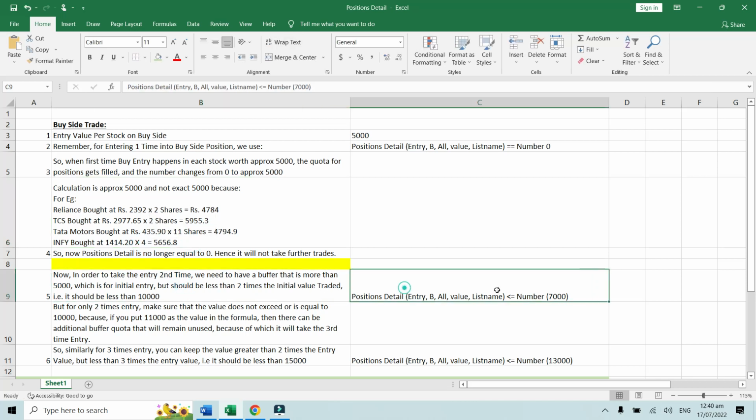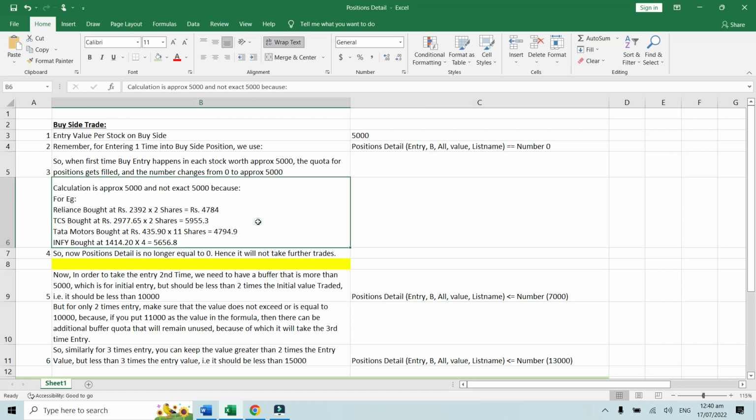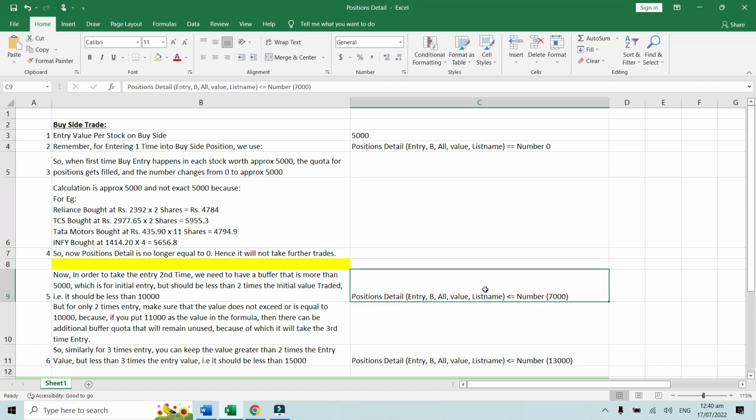Now when we use the value 7,000, it checks that even though this trade has happened, there is some buffer pending. For Reliance, 4,700 has been traded, but that means out of 7,000, 2,700 worth of trade is still pending to fill this quota of the positions detail keyword. So that is the reason it will go for the entry the second time.